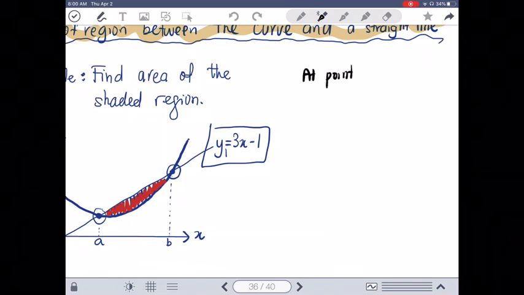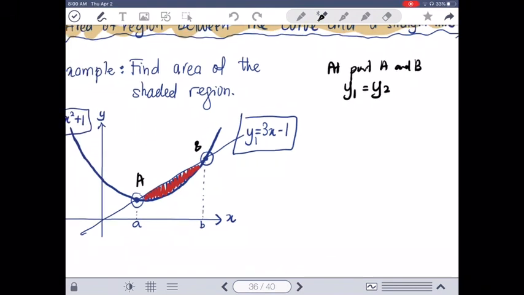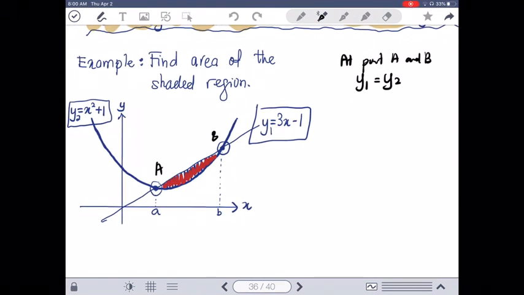At point A and B, the equation of the straight line is just equal to the equation of the curve.